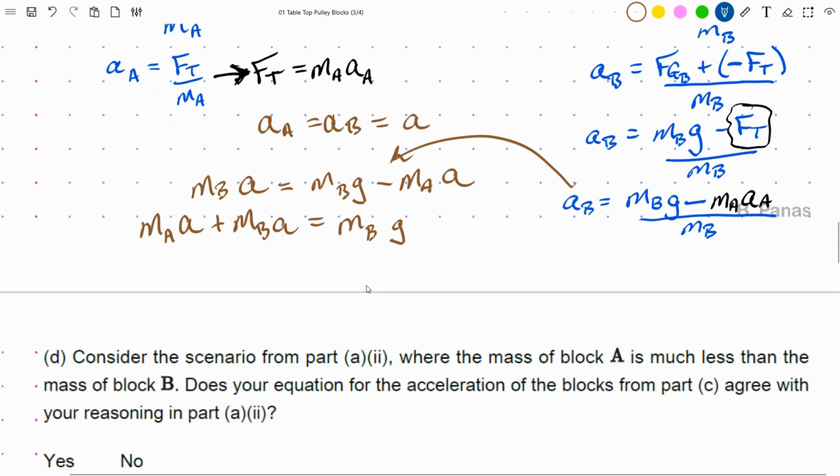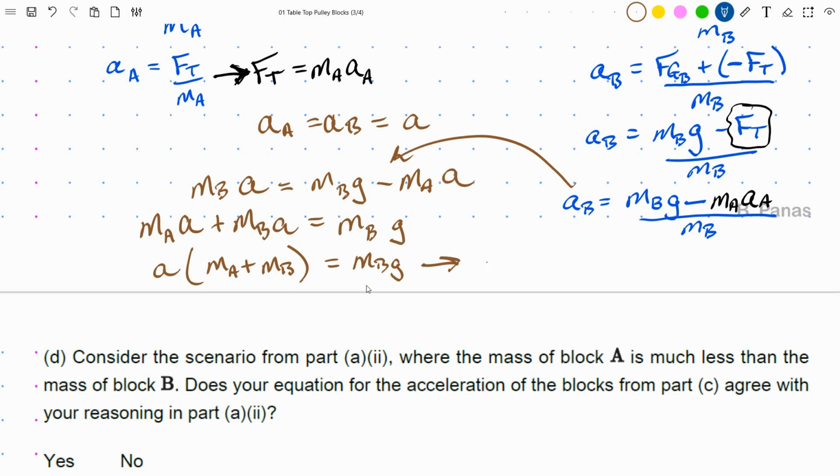I can then factor out the a from that side of the equation, the acceleration times the mass of A plus the mass of B, equal to mass of B g, which means that I can have the acceleration equal to mass of B g, divided by this summed combination of the two masses, mass of A plus the mass of B.